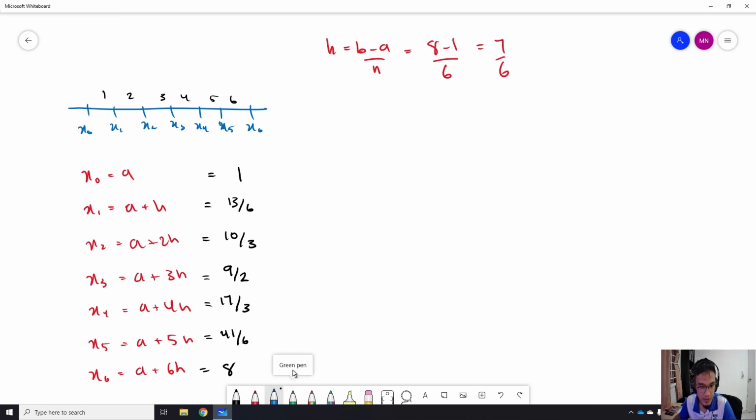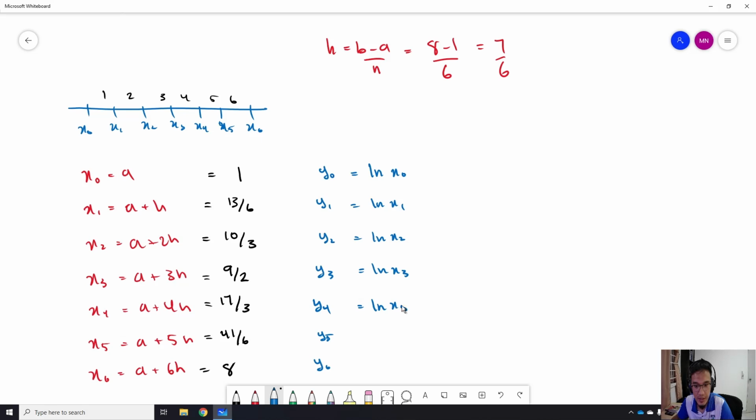Then we find the values for y0, y1, y2, y3, y4, y5 and y6. So that is ln x0, ln x1, ln x2, ln x3, ln x4, ln x5 and ln x6.